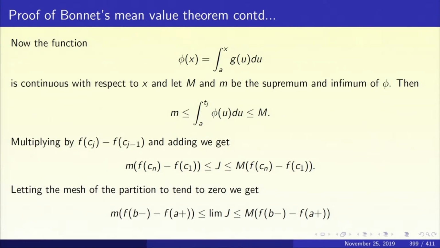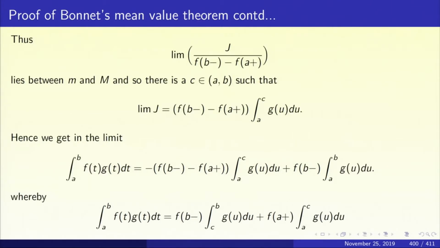So, little m times (f(b minus) minus f(a plus)) is less than or equal to the limit of J, the red term that I displayed, which is less than or equal to M times (f(b minus) minus f(a plus)). Now, let us divide by f(b minus) minus f(a plus), and we see that the limit of J divided by f(b minus) minus f(a plus) lies between little m and capital M.